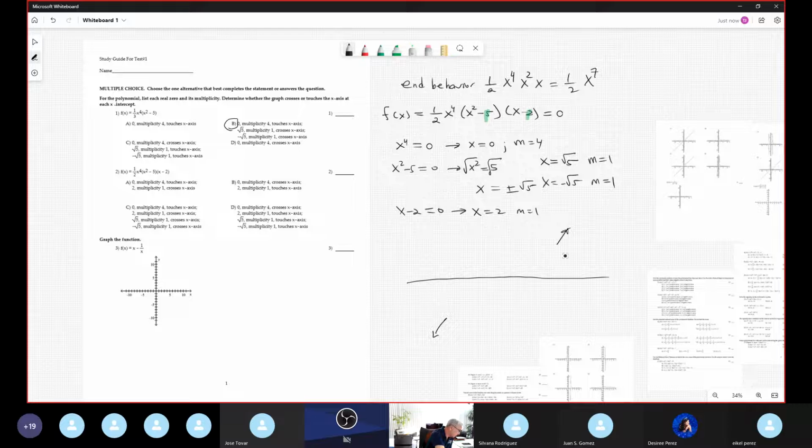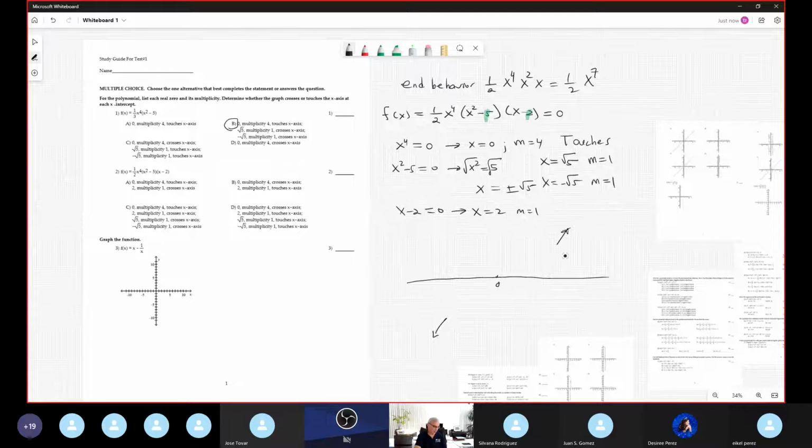And in the middle of this end behavior, we have a zero here. By the way, this zero again touches the axis. However, at radical 5, if you put it in the calculator, radical 5 is 2 point something. Decimal approximation. Let me try.